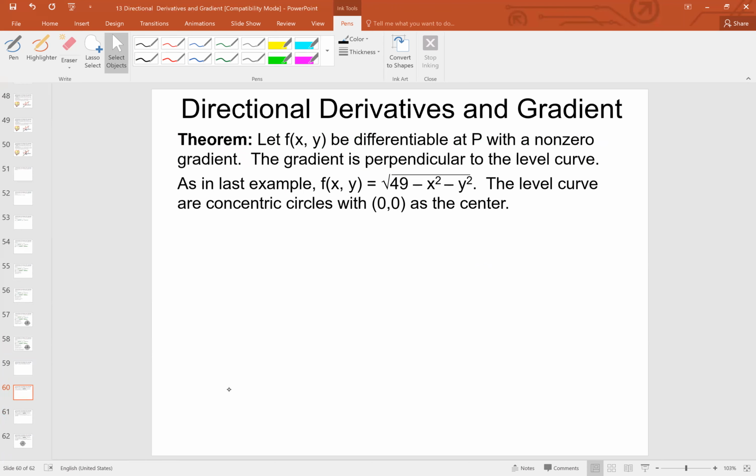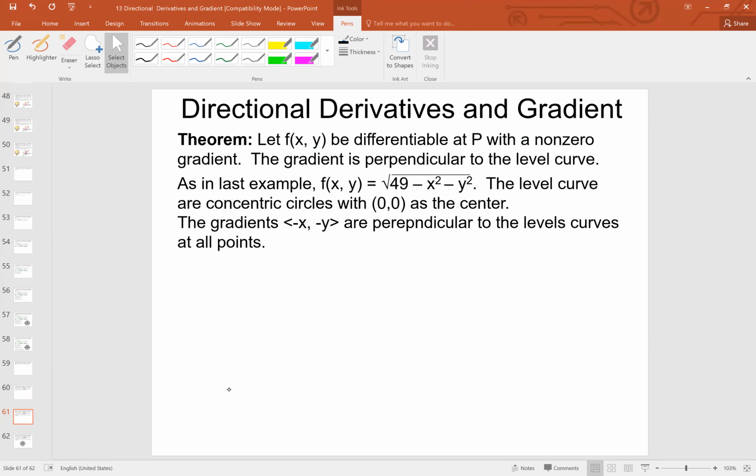And since along the directions of level curves the slope is 0, that means the gradient dotted with the direction of the level curve must be 0, because it's supposed to give you the slope in that direction. If it's a level curve, then moving along the surface, you're not gaining any height, so the slope is 0.